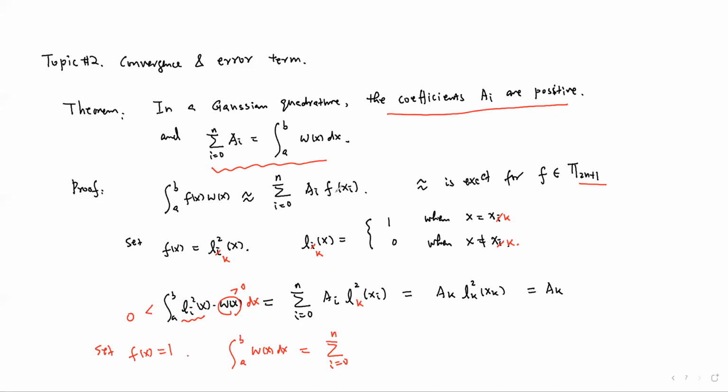The function f is 1, so a_i. So the sum of the coefficients of Gaussian quadrature is equal to this integral. So this is the first property. Very nice.